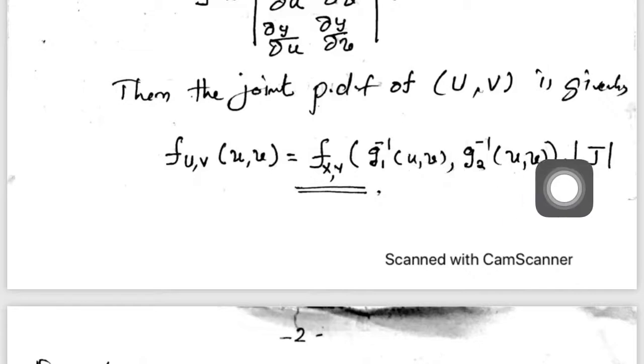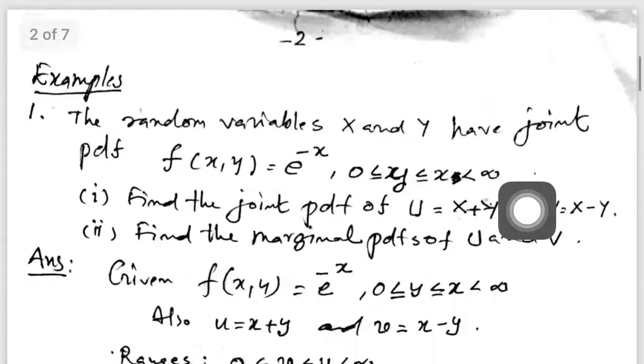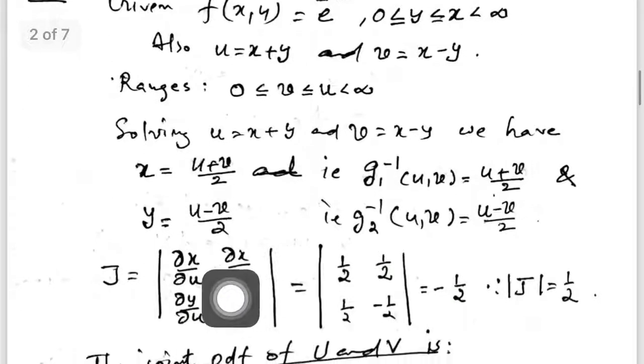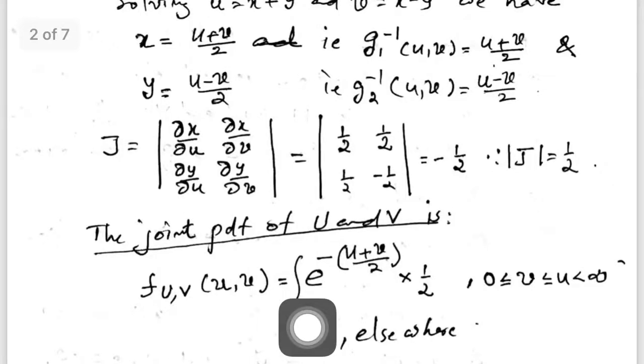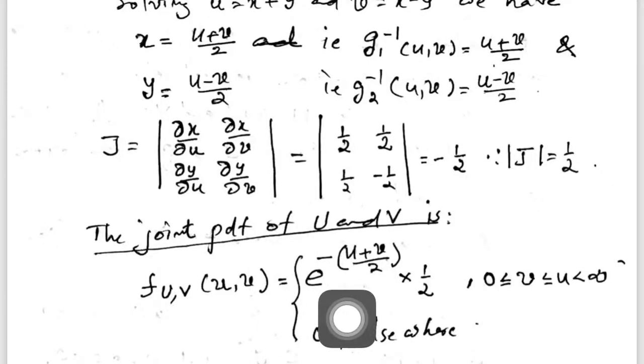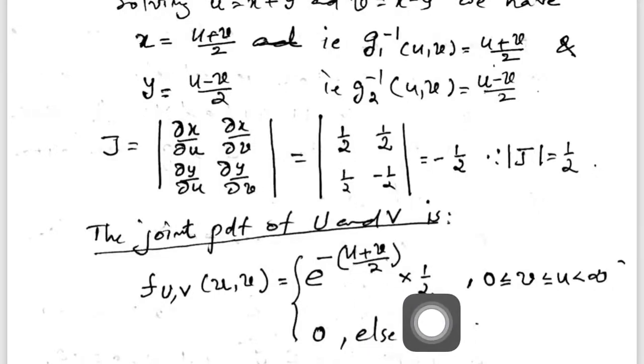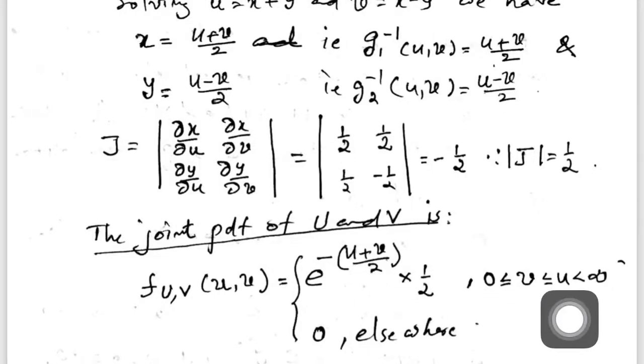So you substitute those things in this formula. Now the density is e to the power of minus x, where x equals (u+v)/2, into the Jacobian's modulus, and this is the range.